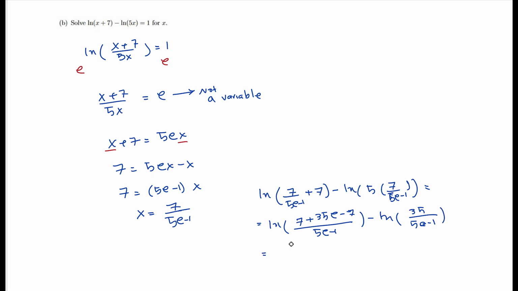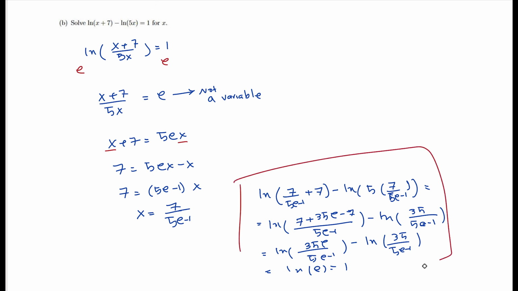And here, what I get is the natural log of 35e over 5e minus 1 minus the natural log of 35 over 5e minus 1, which is the natural log of this fraction over this fraction, and what's going to remain is e, and you get 1.